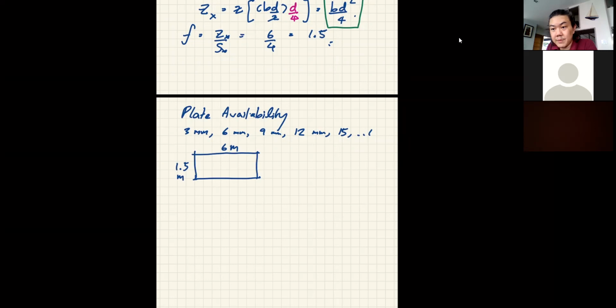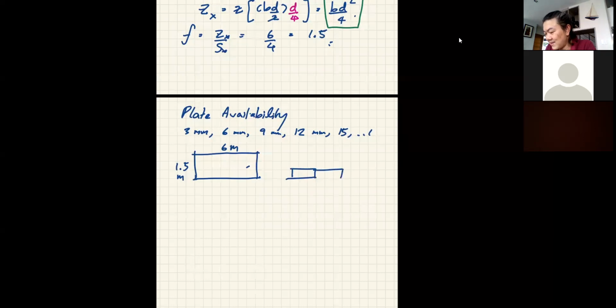Okay, I know this because I used to design the fuel tank, the huge one, for the oil company, a long time ago. I don't remember if I designed it, but maybe it wasn't built or anything like that. Kind of a relief in a way. Anyway, when you want to build that, you have to order the plate 1.5 by 6, and then you put them together to form a tank.